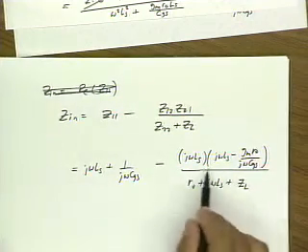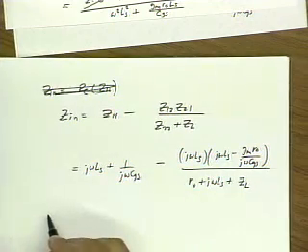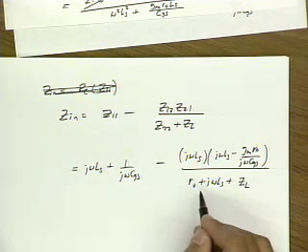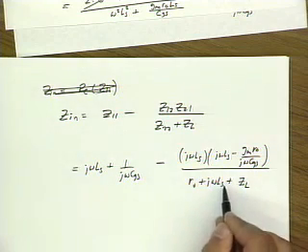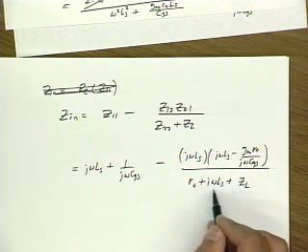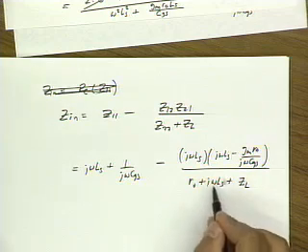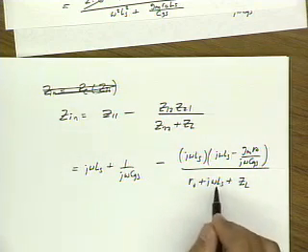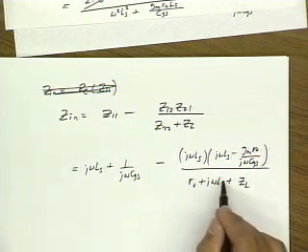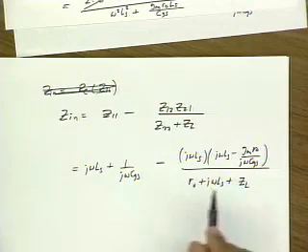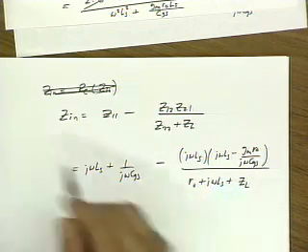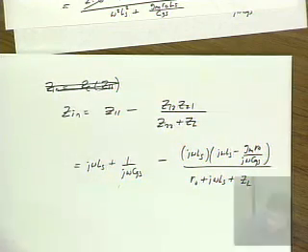Let me focus in on this term here. Let's assume that at the operating frequency Ro dominates this expression. That's reasonable, right? Because Ls, you'll have to trust me on this one, turns out to be a pretty small inductance. And let's say ZL is like 50 ohms or something like that. And let's say Ro is a few hundred ohms, 500 ohms or something. Is there a question? No. Okay, good.